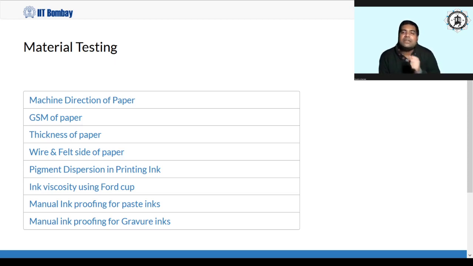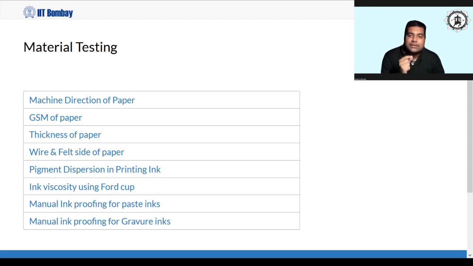What is the principle behind this test? Let us understand. There are various types of gauges, and the gauges here are solid steel gauges with machined grooves. At one end the depth of the groove is high, and at the other end the depth of the groove is very small.